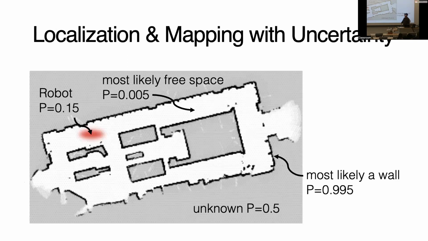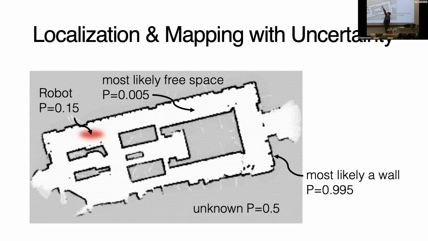And so when we do localization and mapping with uncertainty, our world looks like this. We have a robot here, but our probability of it being there is something like 0.15. And then for every cell in our environment, we have some prediction.